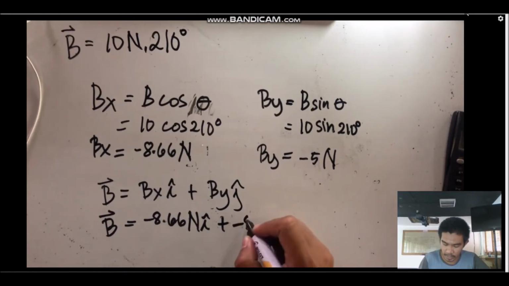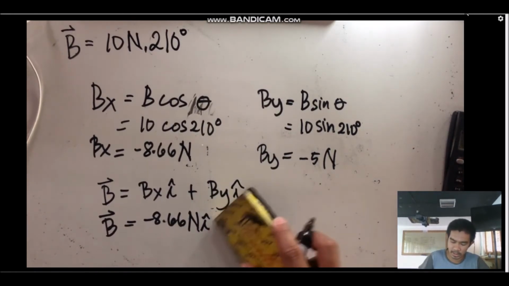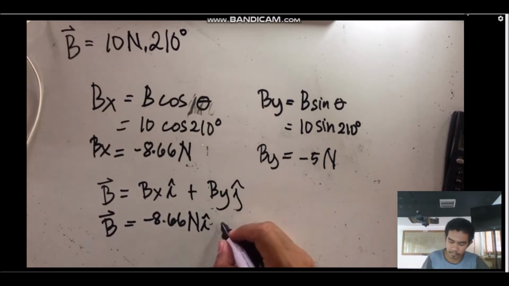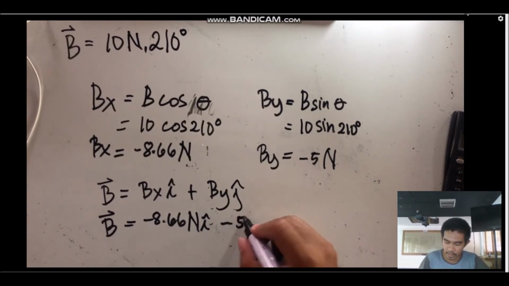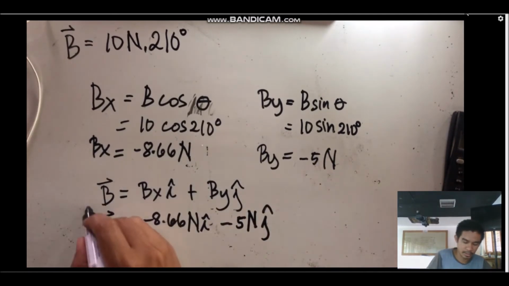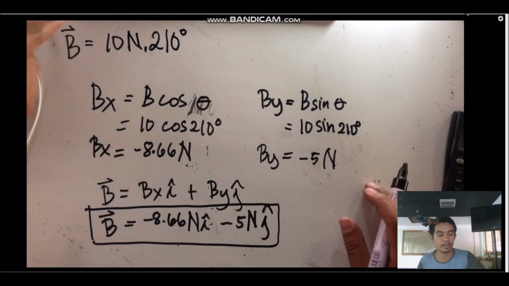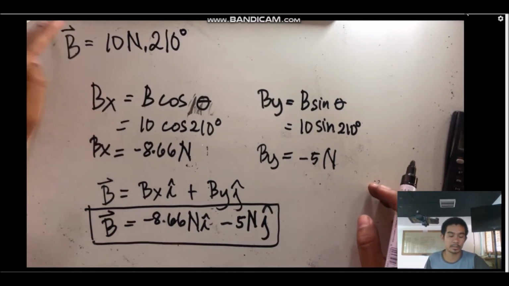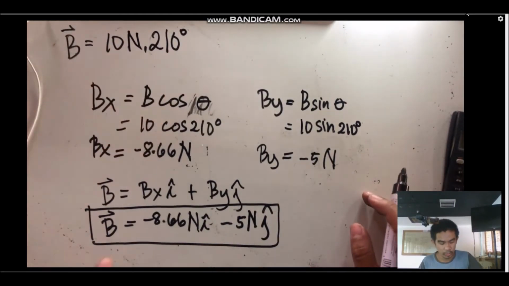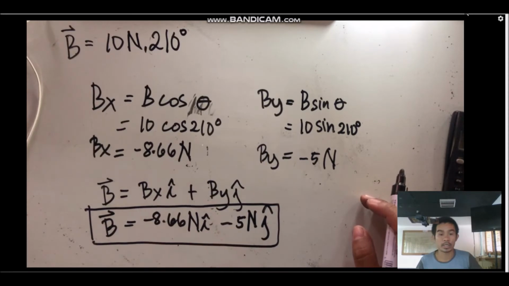So that's plus negative, then it becomes minus 5 Newton j hat, right? So we expressed vector B, which is in terms of magnitude and direction, in terms of its x and y components.